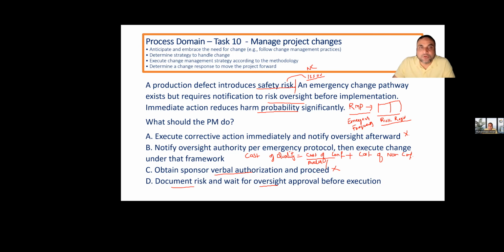The amount you spend on audit will be the cost of conformance. If you don't do the audit, the losses you incur because of it will be considered cost of non-conformance. So it's better to spend on conformance rather than on non-conformance.